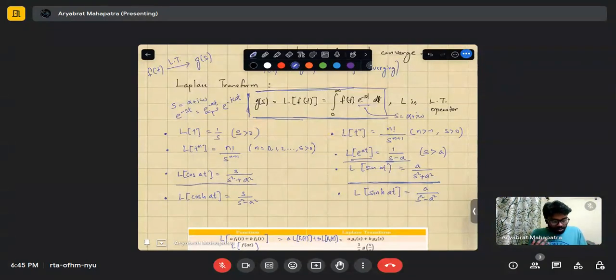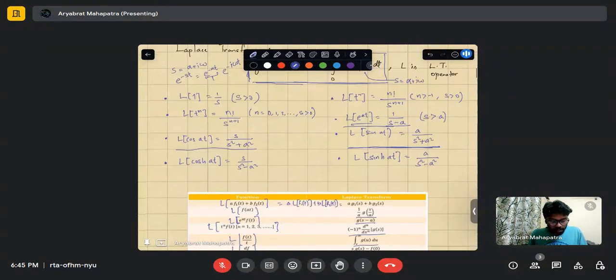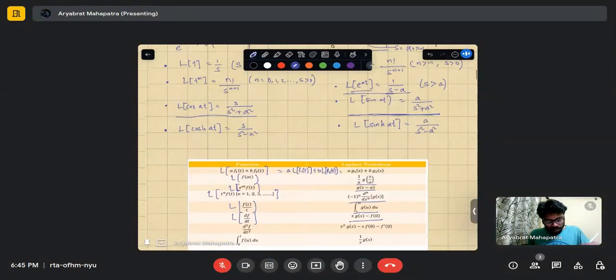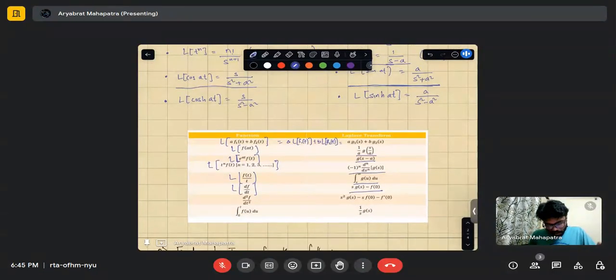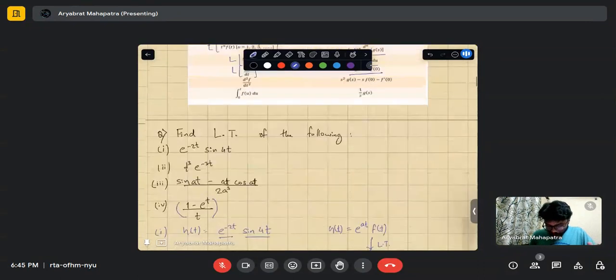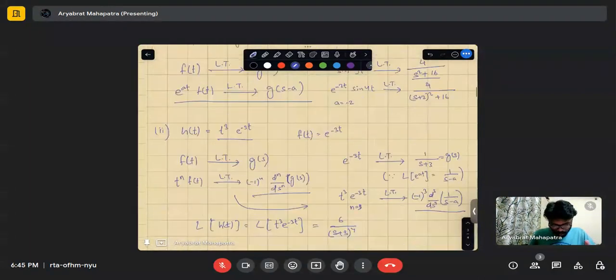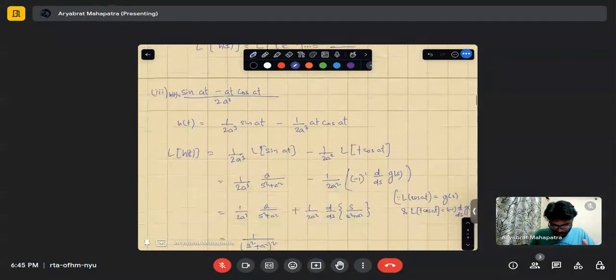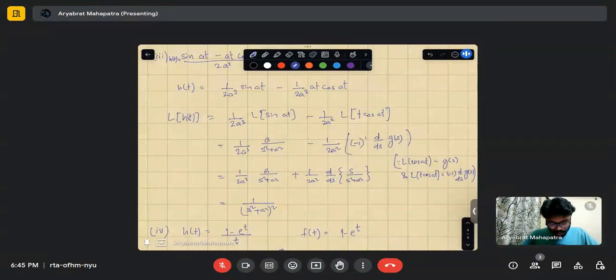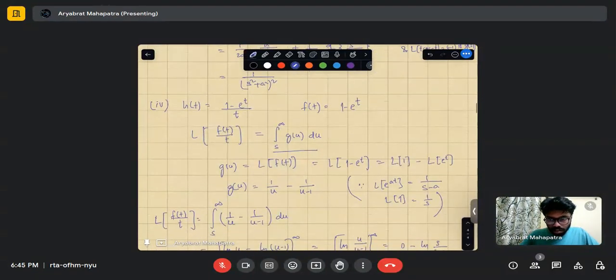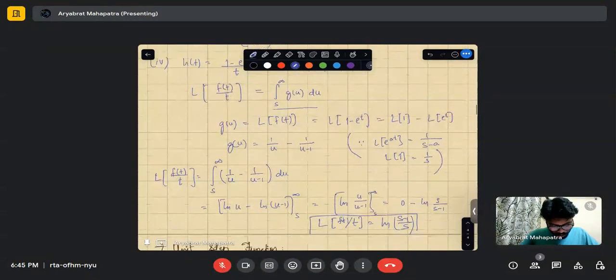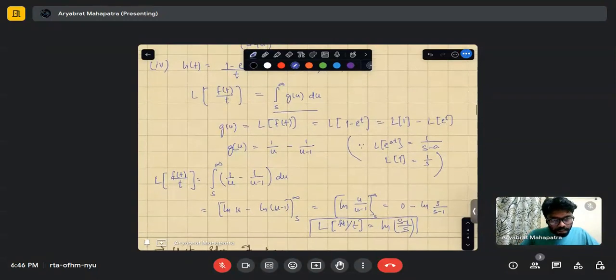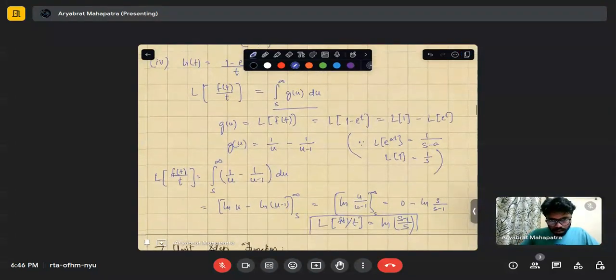It's always better to use these results and directly get your final Laplace transforms. So I hope this one is clear for you, Sugita. Yes, it's clear.